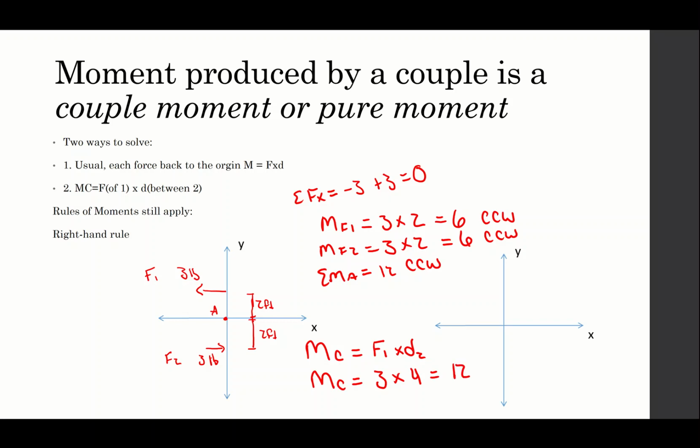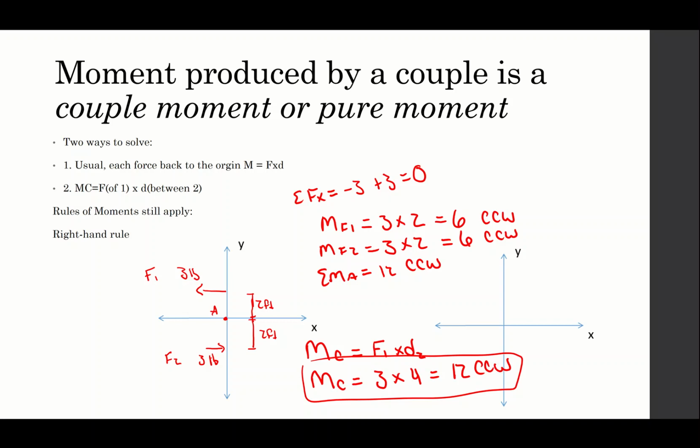Then I look relationally no longer to the origin but to one another and say, okay, if that was a wheel and I'm cranking it this way, whatever the case may be, which direction am I going? Counterclockwise, and then we get the same thing. So it reduces steps if we can identify within the problem which two forces are doing that to one another.